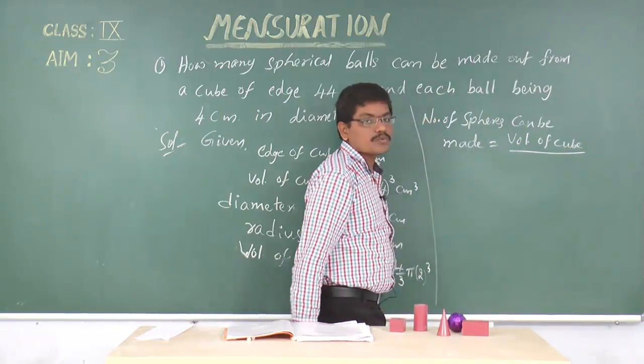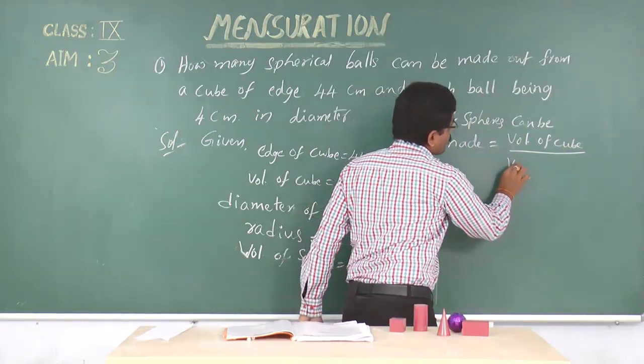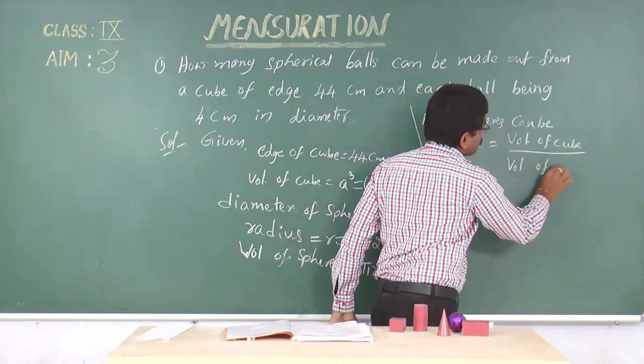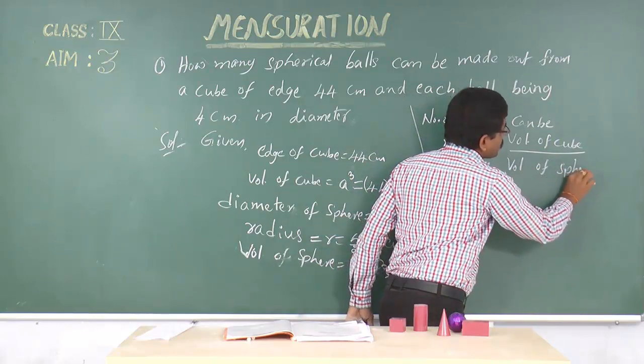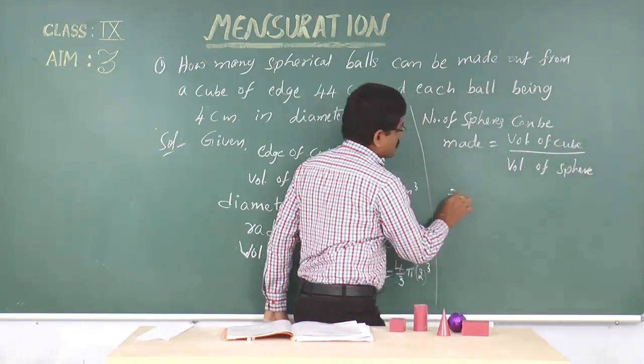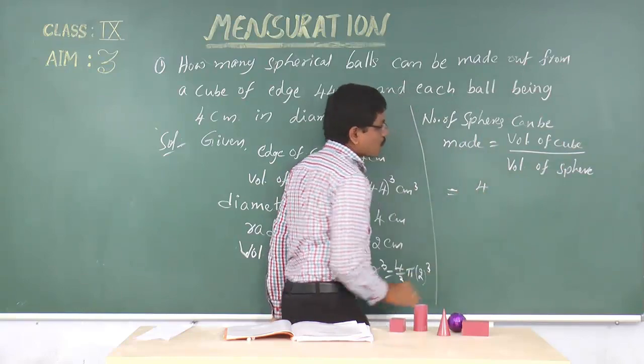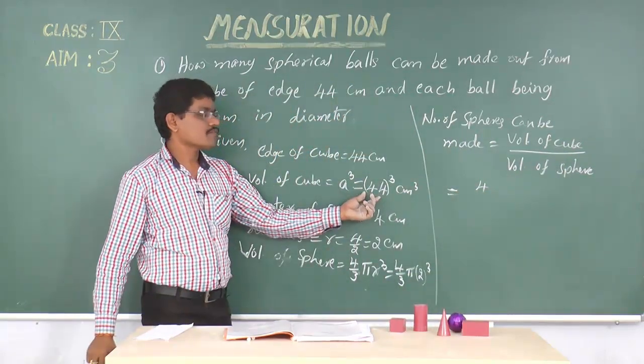Volume of cube by volume of sphere. The side is 44, so volume of cube is 44 cube.